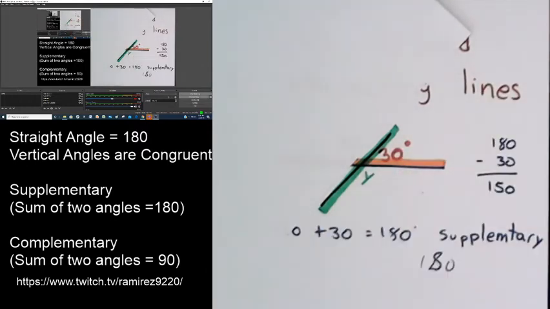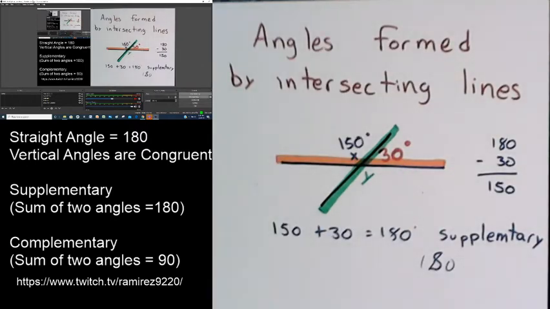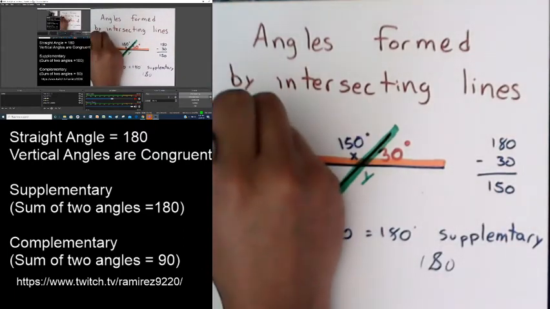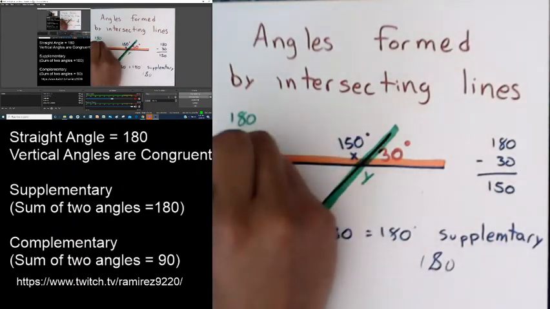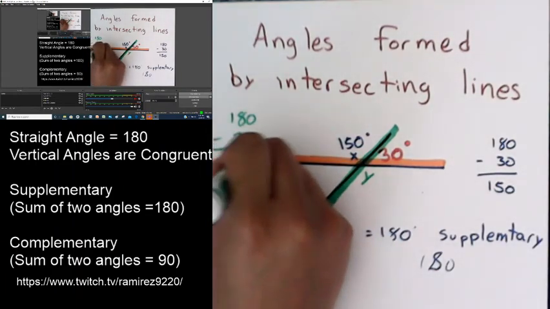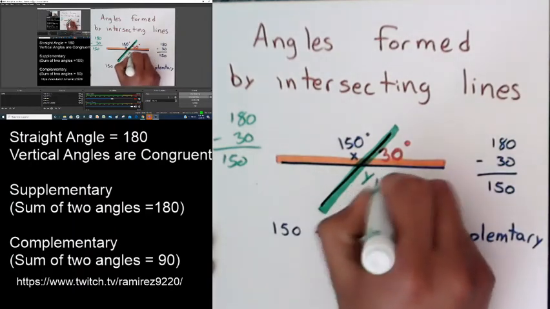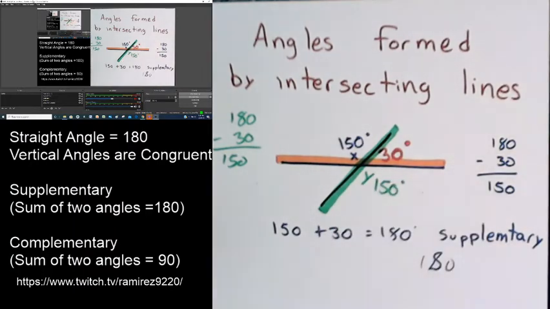But it's a straight line, it's 180, so these two should add up to 180. Again, 180 minus 30 gives me 150. So this is 150 degrees. These two are supplementary, obviously, because they add up to 180.